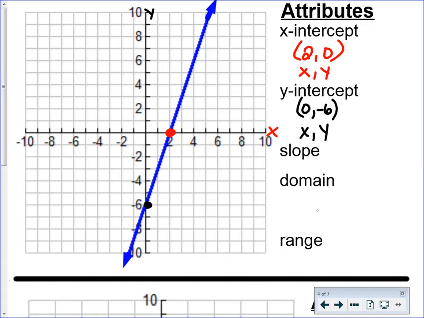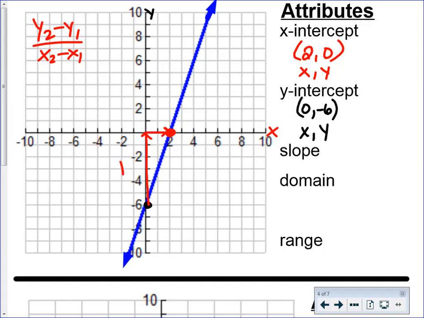Now, I need to come up with my slope. I can use these two coordinates if I want, and go ahead and put it in my slope formula: y2 minus y1 over x2 minus x1. You can go ahead and do that right now if you want. I would rather just use my graph. How much did I rise to get to my point? How much do I run?